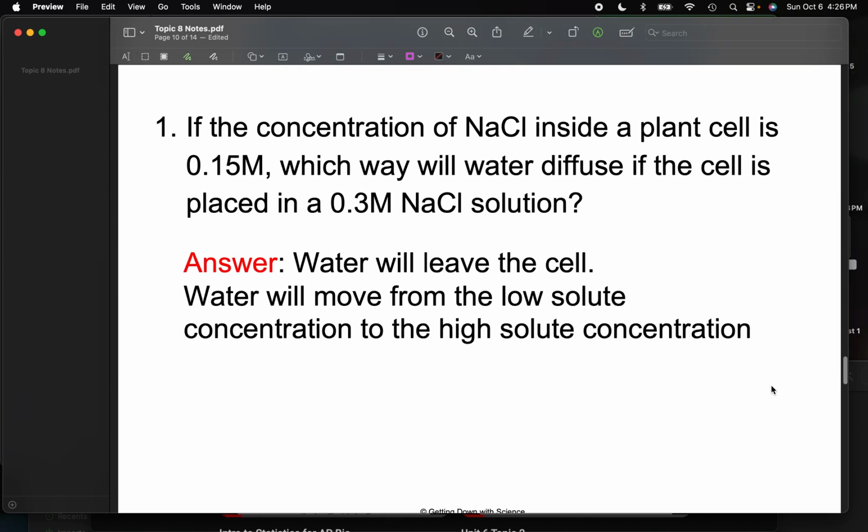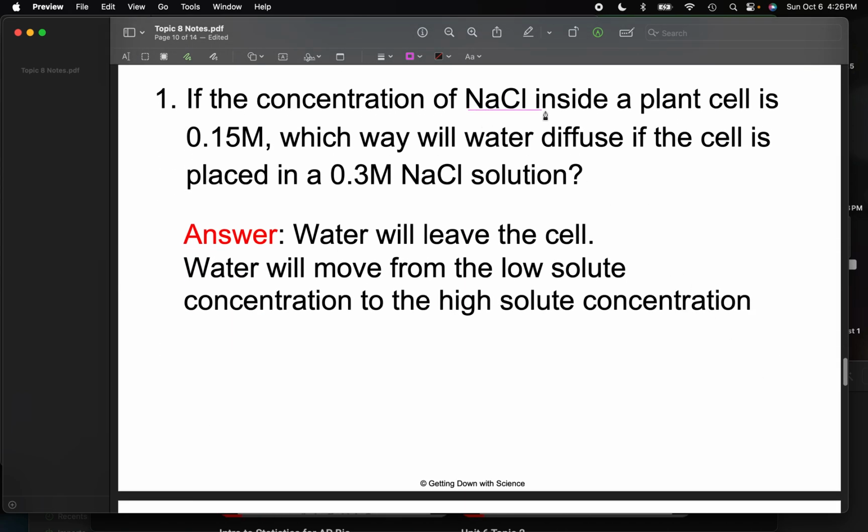So let's practice. Concentration of NaCl inside a plant cell is 1.5 molar. Which way will water diffuse if the cell is placed in a higher molar concentration? And water will leave the cell. For these ones, I like drawing pictures, right? So we have inside a plant cell 0.15.